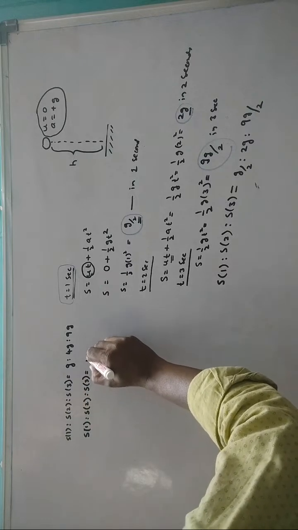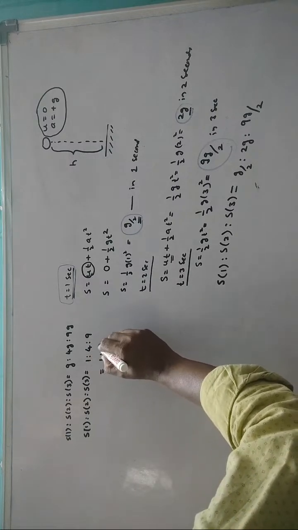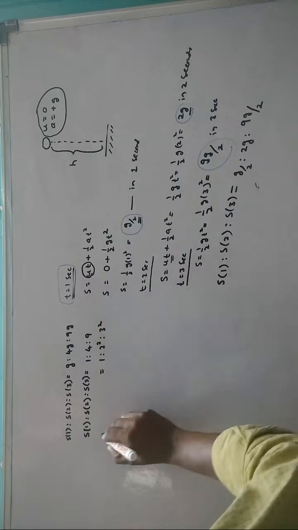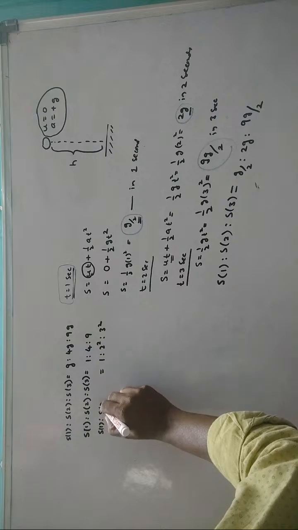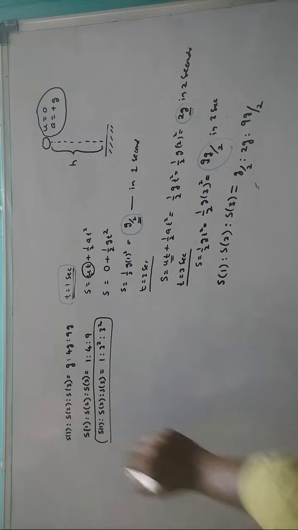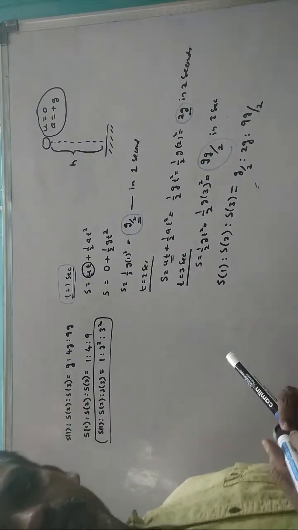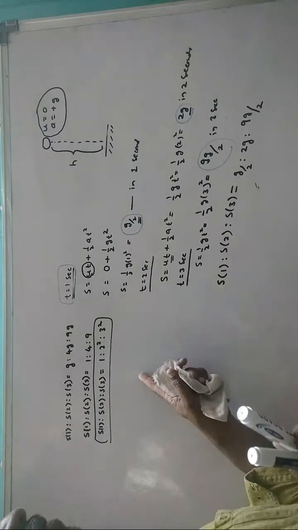If you multiply with 2, you will get g, 4g, 9g. So displacement in 1 second, in 2 seconds, in 3 seconds is equal to 1 is to 4 is to 9, that is 1 square is to 2 square is to 3 square. So like this we get.